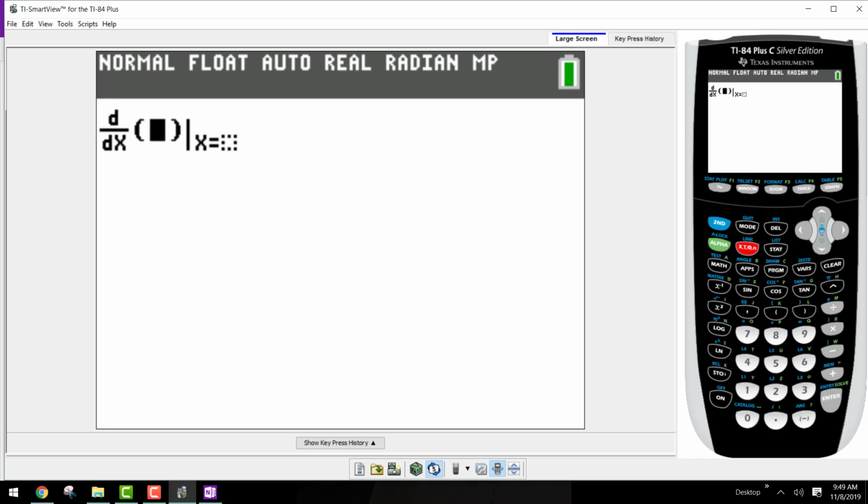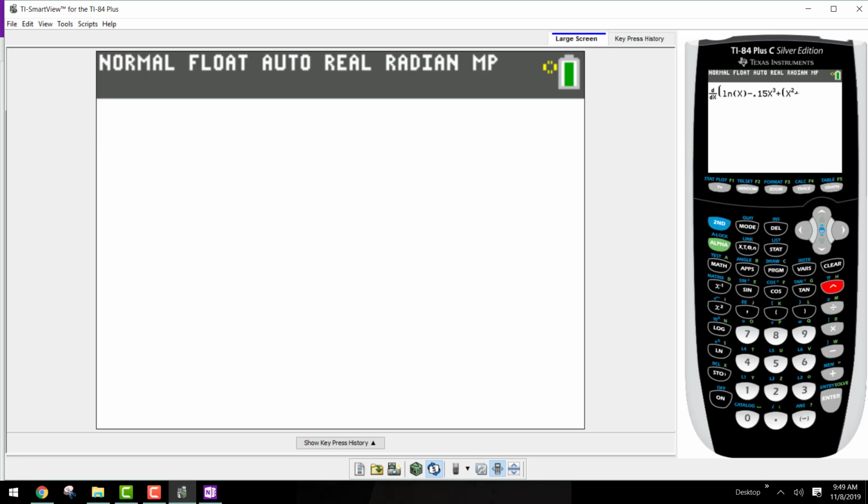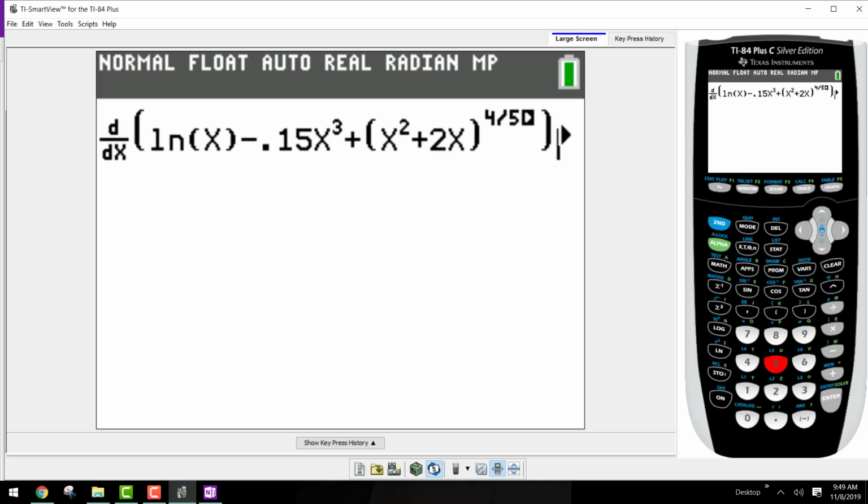So I'm just going to use x, and then I'm going to type my function in, which is ln of x minus 0.15 x to the third power plus x squared plus 2x, and that's raised to the 4/5 power.